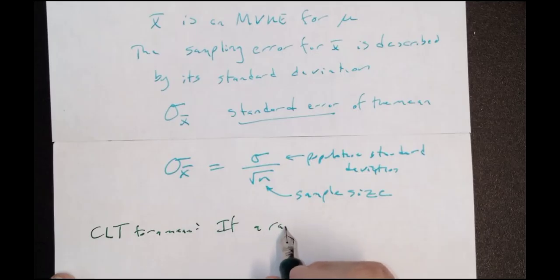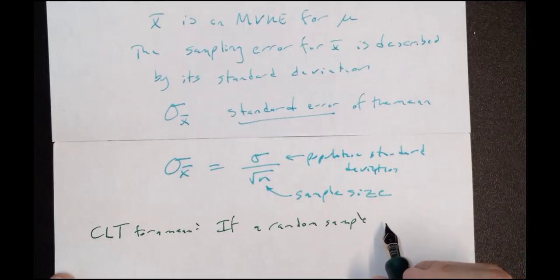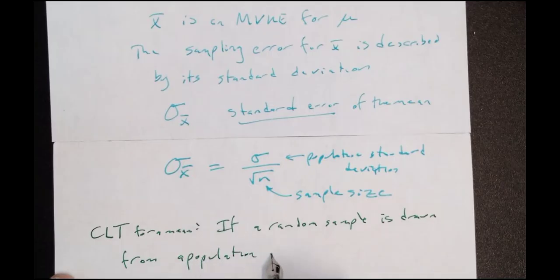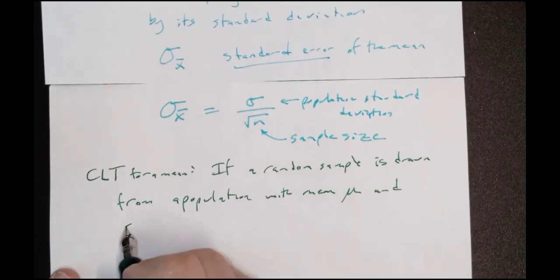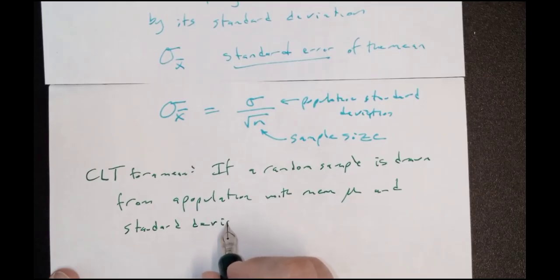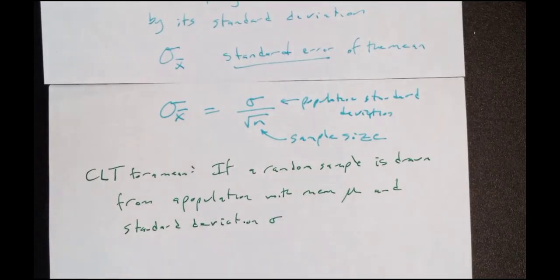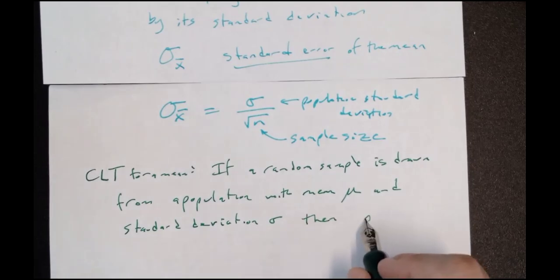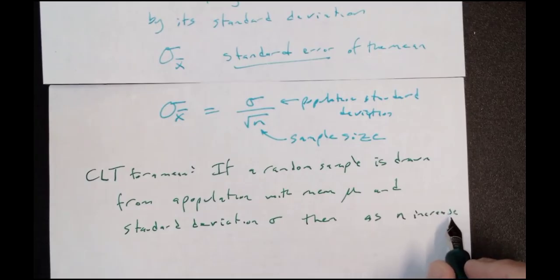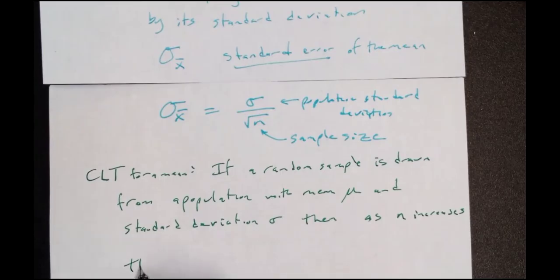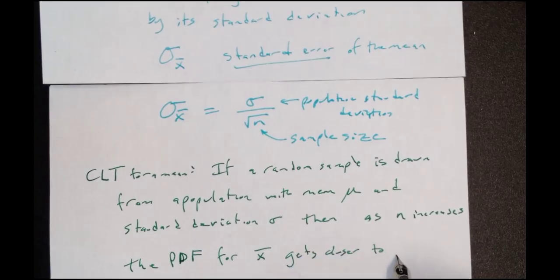If a random sample is drawn from a population with mean mu and standard deviation sigma, then as n increases, the PDF for X bar gets closer to N(mu, sigma over square root of n).